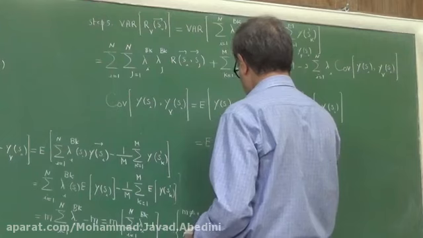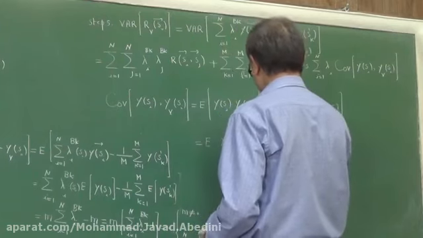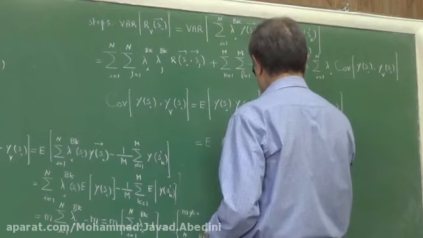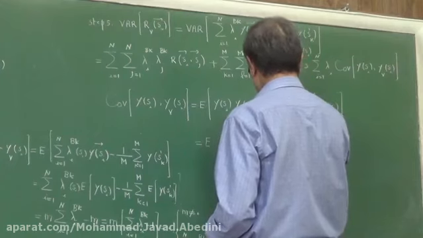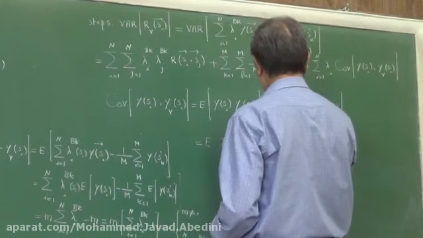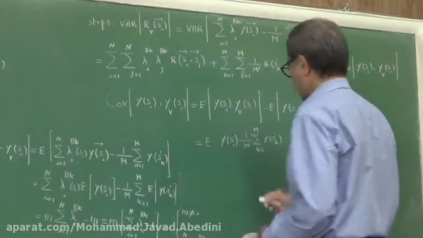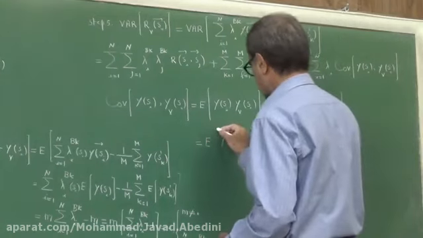Y at Si times 1 over m summation k from 1 to m y at s prime of k. Just I replace this with its counterpart.